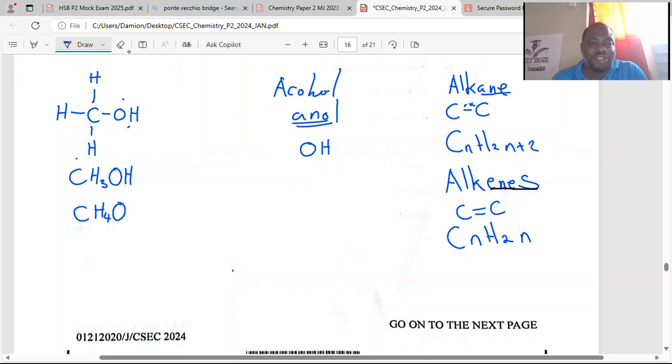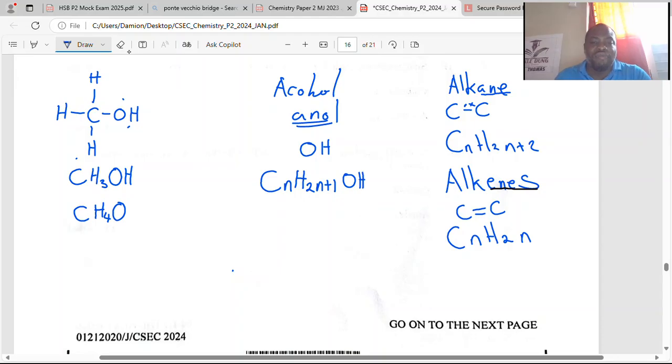All it did was to now couple. But you have to be mindful that you see, again, the general formula is CnH2n+1 and we have the OH.